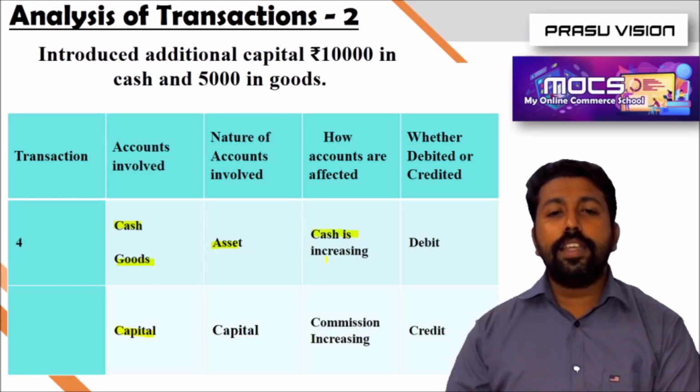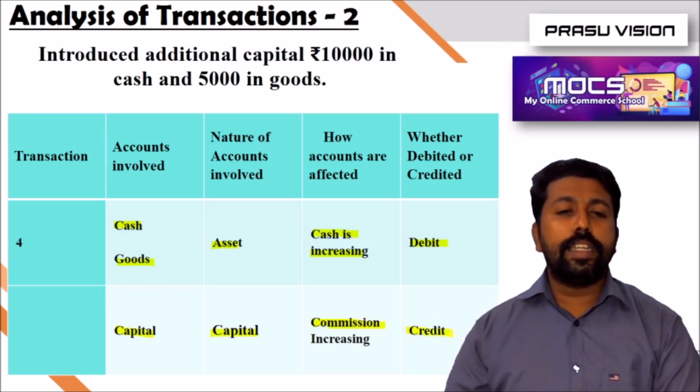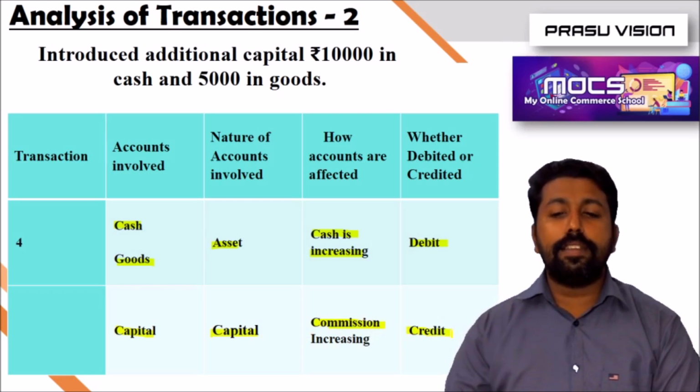Both are increasing. Cash and goods are increasing. Debit. Capital is another aspect. Second aspect is capital. So capital is increasing. Capital, not commission. It's a typing error. Please forgive that. Capital is increasing, so credit. Remember that capital is increasing.